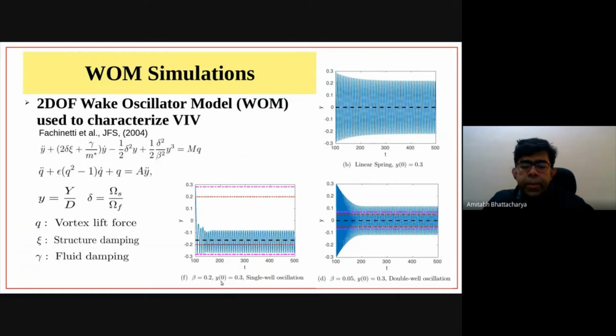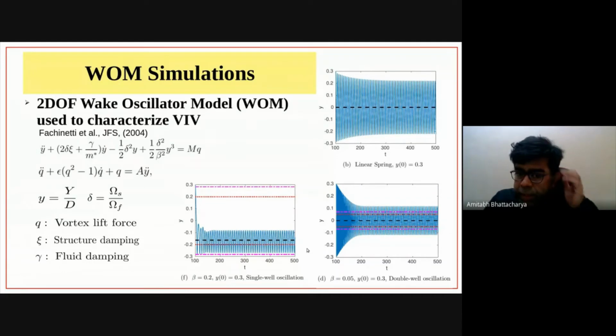For the bistable spring, if my beta is large, around 0.2, remember beta is a normalized interval distance, then we get only single well oscillations, where your y oscillates around a negative mean value. And if you have a very small value of beta, 0.05, then your y seems to be oscillating around 0. So now it is clearly undergoing double well oscillations.